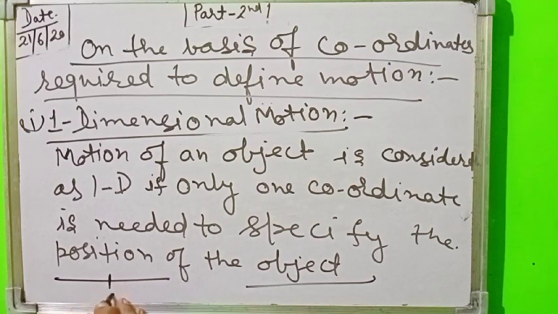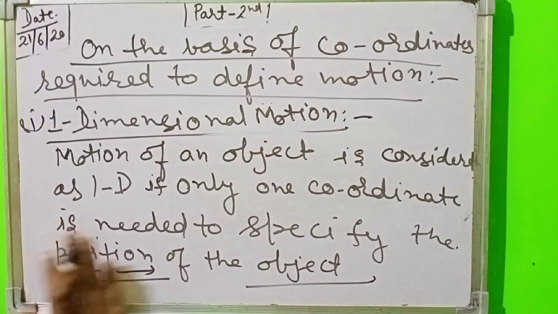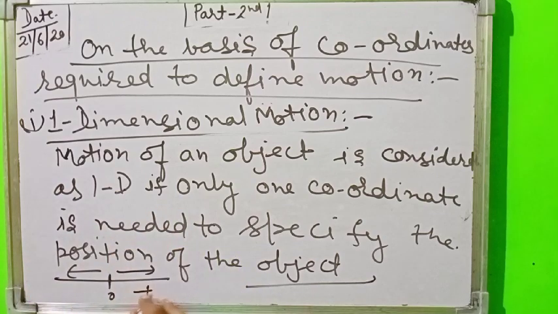Suppose this is the origin. An object is moving in this direction, and another object is moving in this direction. The right side of the origin we consider as positive, and the left side we consider as negative.